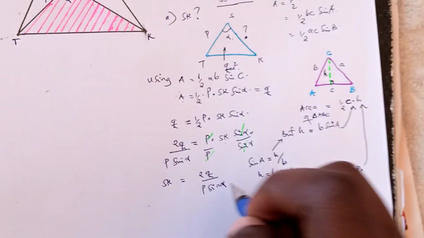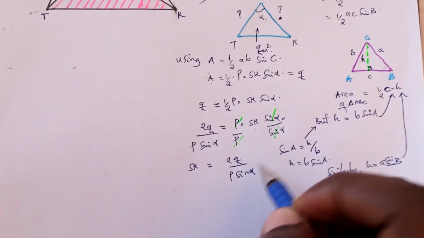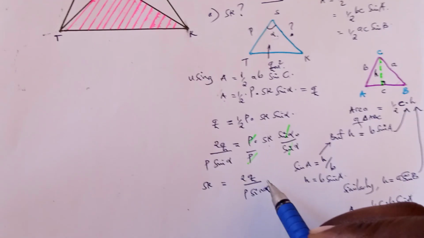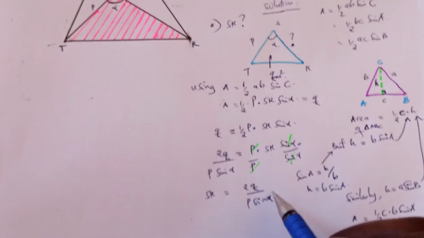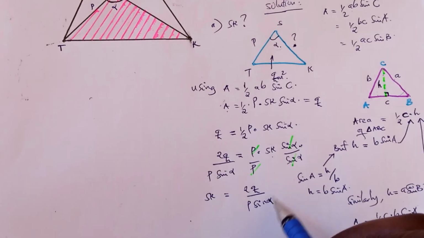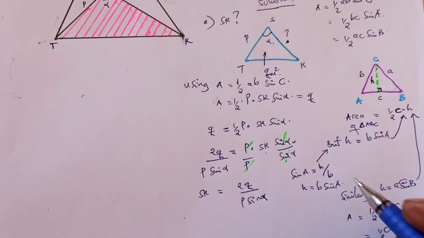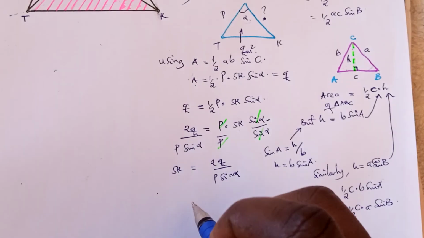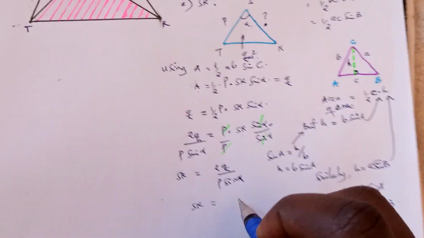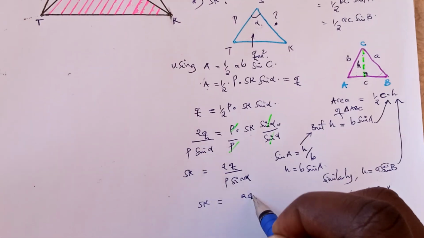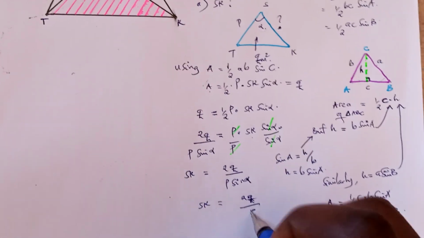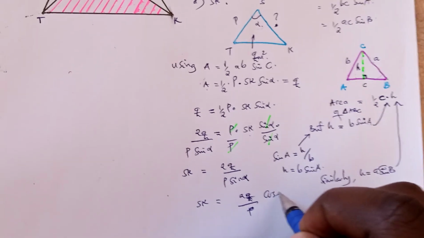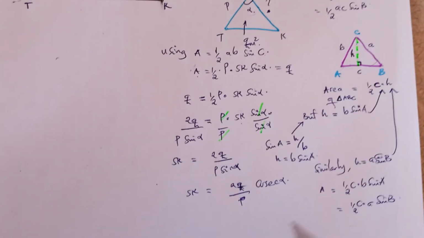You may leave it at that, or you may say, I want to bring this sine on top. How do we do that? Remember, we know that 1 out of sine is cosec. If you want your answer to look smart, you can as well leave it here. But you can say that SK is 2Q out of P cosec alpha.